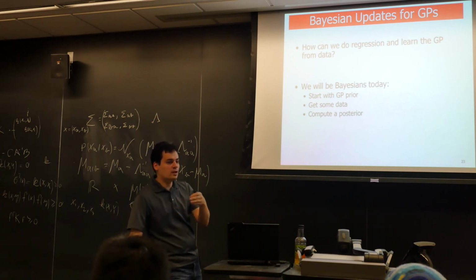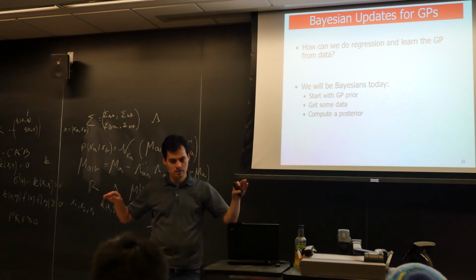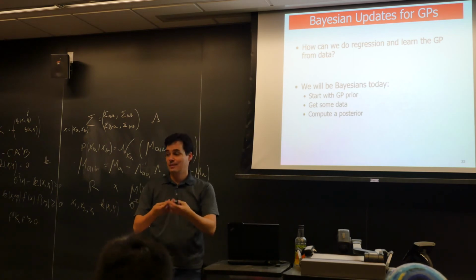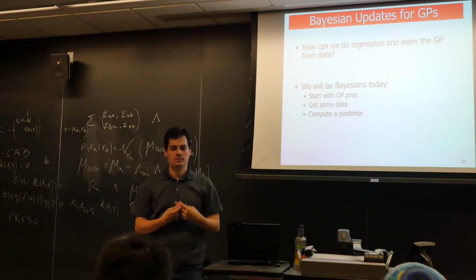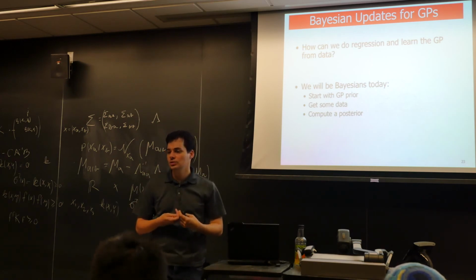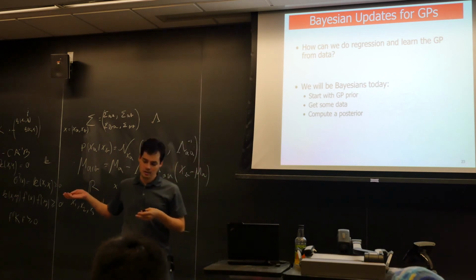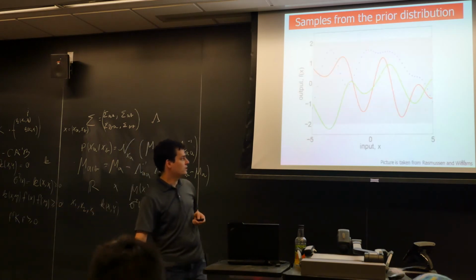So we start with a prior distribution on the regression functions. As we discussed, the Gaussian process can sample functions from that. So we have a prior Gaussian process. We get some data, input-output pairs, and we update our prior distribution to get the posterior distribution, and we hope that the posterior Gaussian distribution will better fit the data.